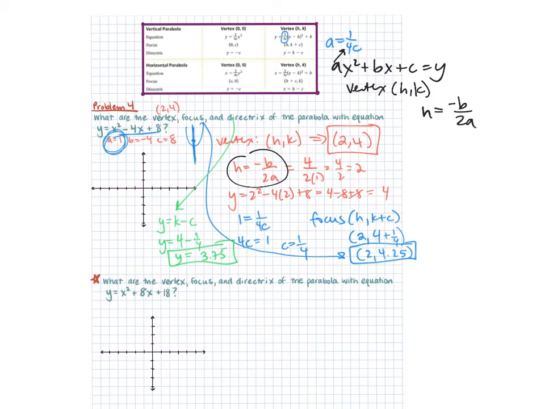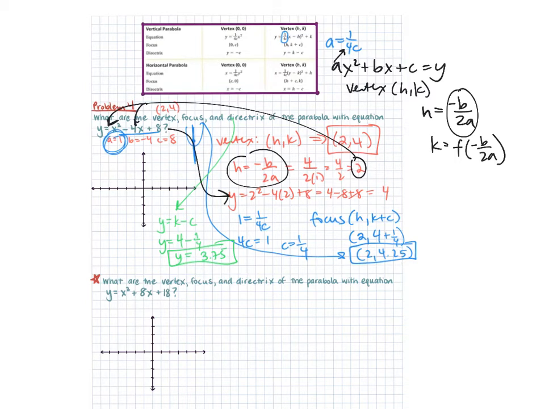I was just trying to write your extra formulas in here. And then to find the k, you just plug this x value into your function, so it's f of negative b over 2a. That means we took this number 2 and plugged it into these two x's right here to figure out what the y was, or the k. Okay, so try that on your own down here. Press pause and then check back for the solutions.